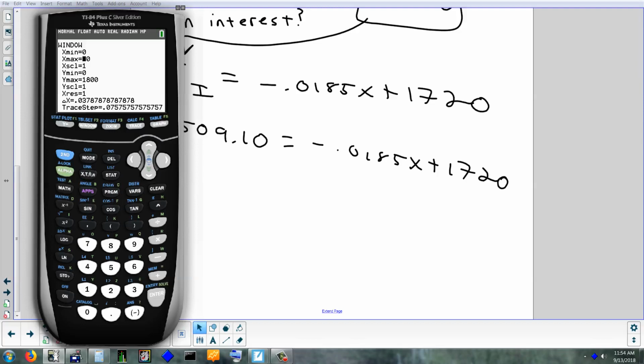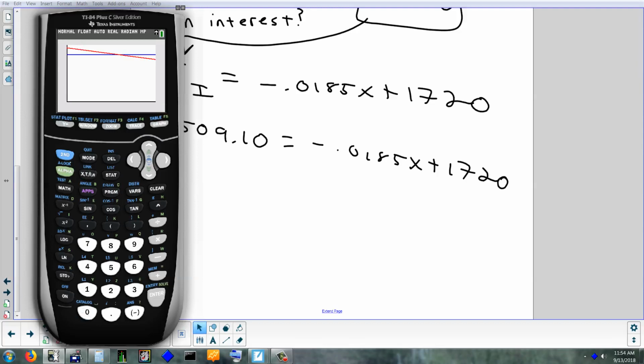Yeah, the 20,000 he started with. Bill only has 20,000 to invest, so we can't look at more than 20,000. So if we hit graph, that's a mark showing our interest. And that's what happens to his interest as he invests more and more money in the investment that doesn't pay as much.